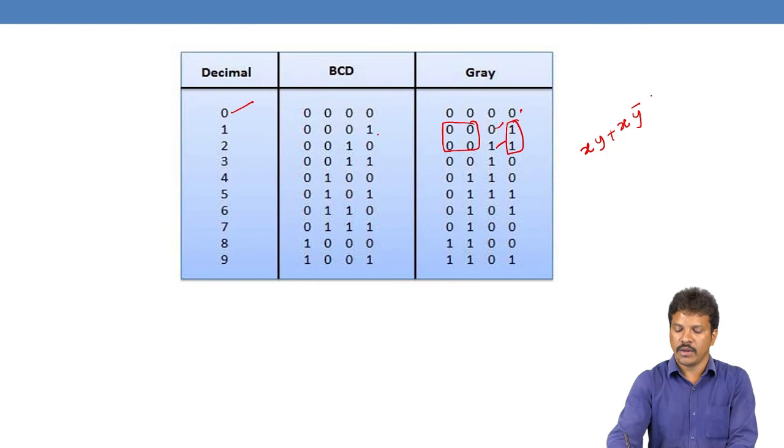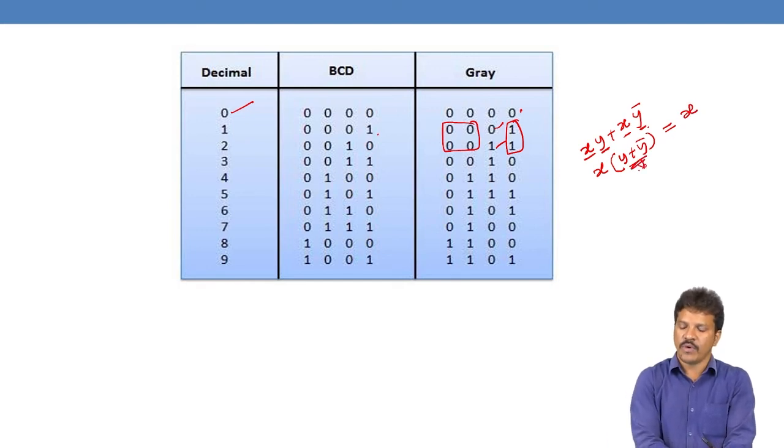Here we can make a one variable change. X is common and y changes with y bar. So in this case we can take x common, y plus y bar. In Boolean algebra it will be equal to 1, so that we can minimize the Boolean function. Why can we minimize the Boolean function? In Boolean function y plus y bar is equal to 1, so x into 1 is nothing but x. This kind of expression can be minimized into x.